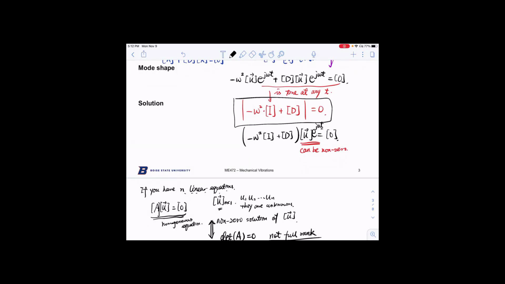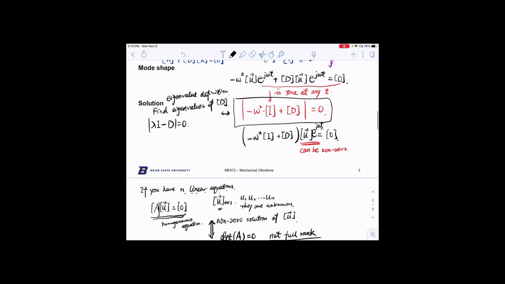If you compare this equation with the eigenvalue definition, let's say we find eigenvalues of matrix D. As I said, in order to find your eigenvalues, you need to solve det(λI minus D) equal to 0, right?